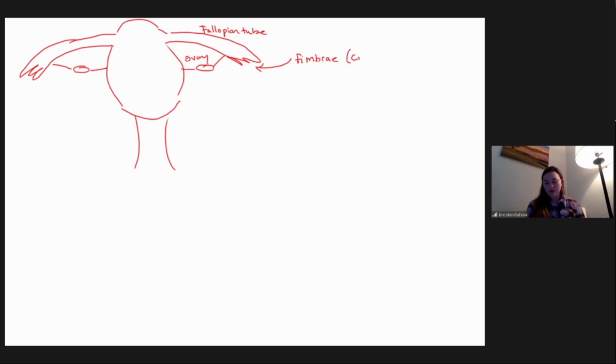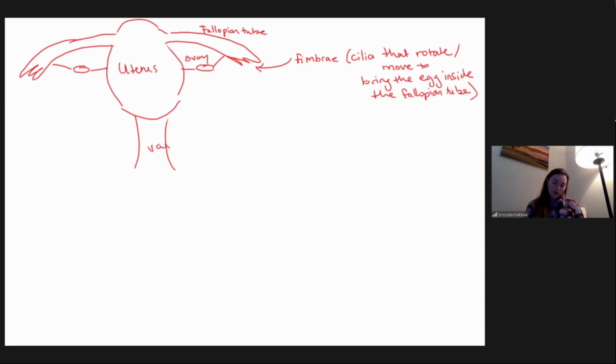They have cilia that rotate or move to bring the egg inside the fallopian tube. And then this is the uterus. This would be vagina. This is cervix.